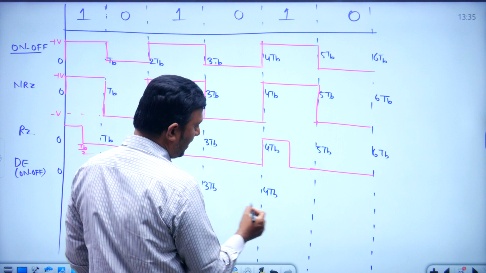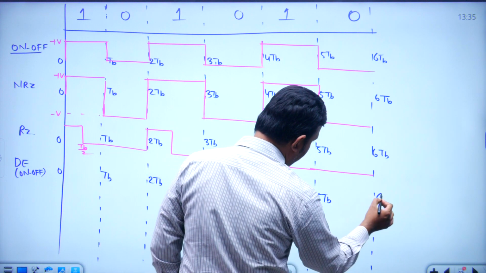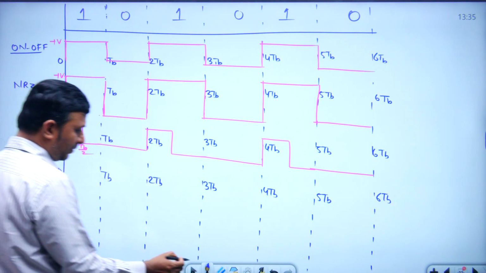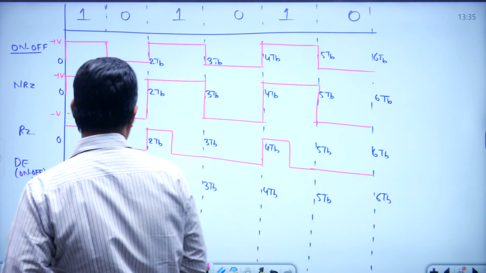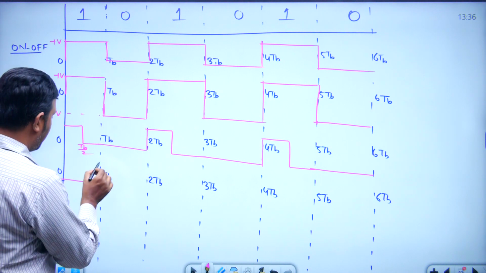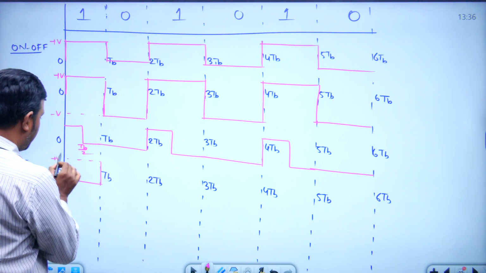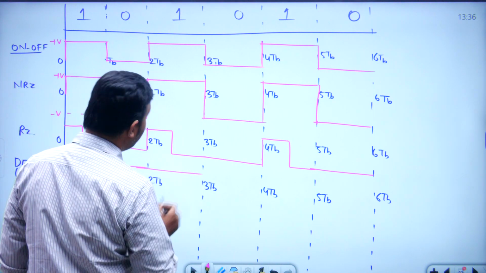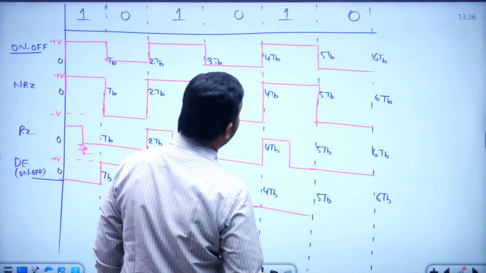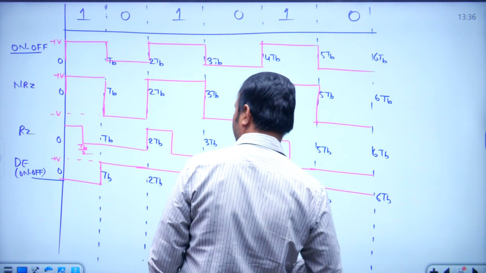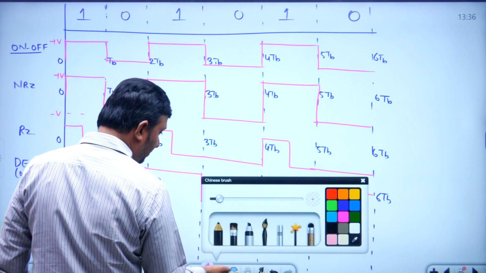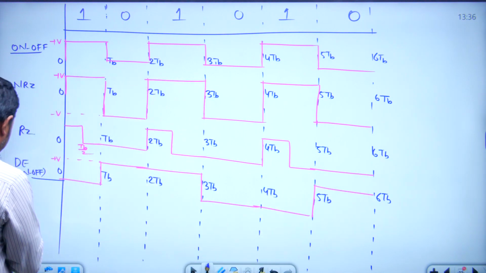Assume that the previous level is 0. 1 means the previous level is maintained, and 0 means the previous level is toggled, like this. This is differential encoding.